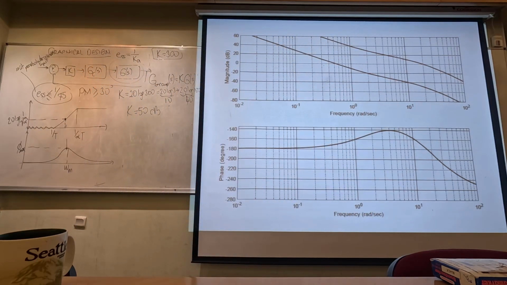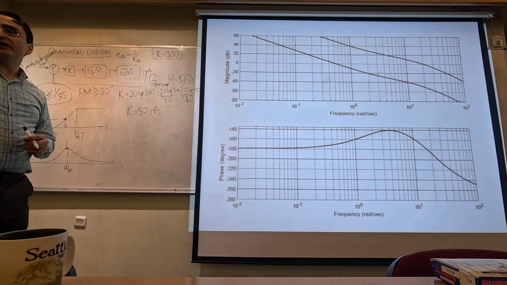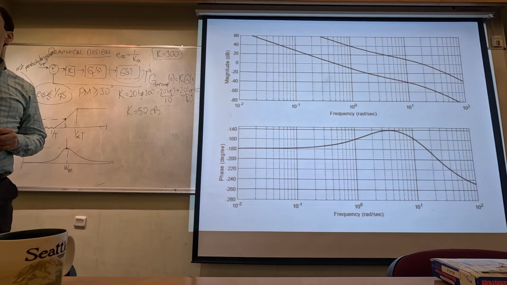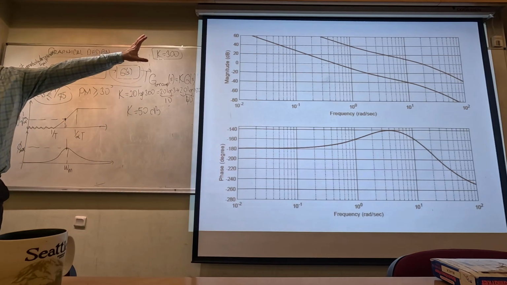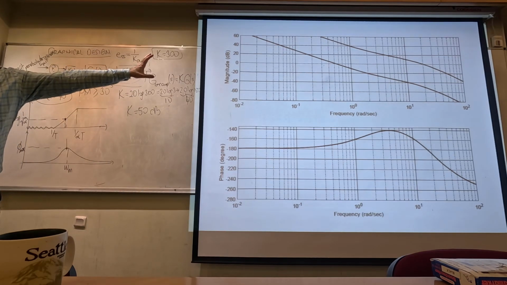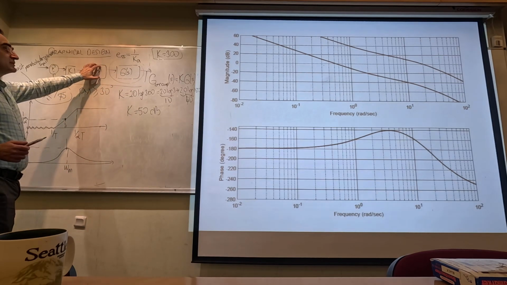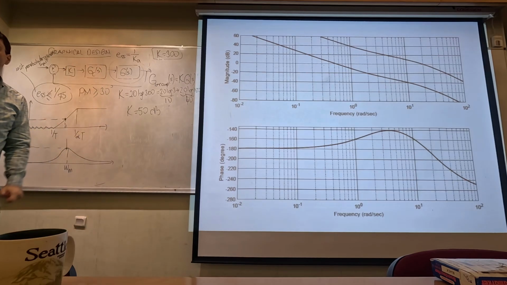Now, as one of my design steps, I will try to find the phase margin and the gain crossover frequency of the uncompensated system. So currently, this is K times G of S. This is the uncompensated system. Currently, I haven't added the effect of GC of S to this system.